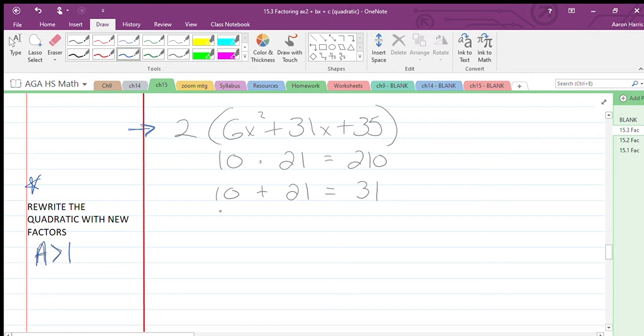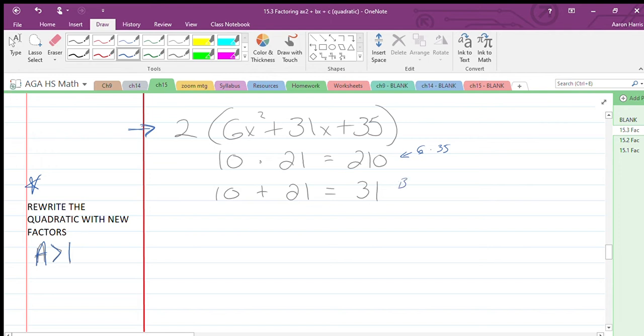Then we found that the factors 10 and 21 are equal to 31. See how that works? 10 times 21 is 210, which is equal to 6 times 35. Okay, and that's how we got 210. That is 6 times 35. So that's how we got 210. And 10 plus 21 is equal to 31, which is also B.